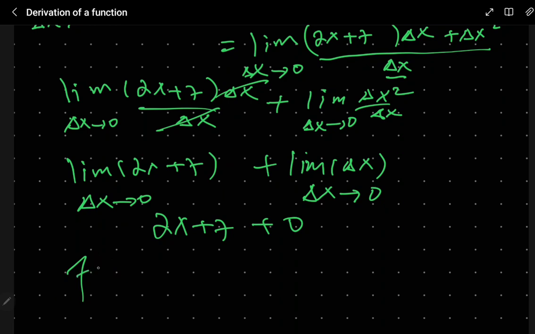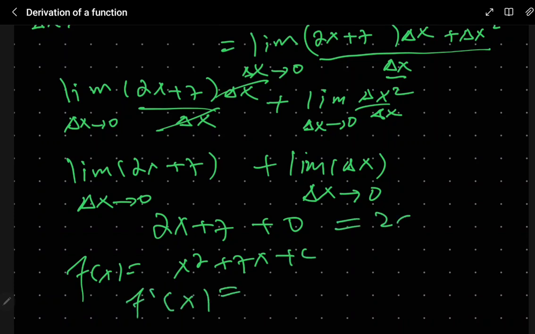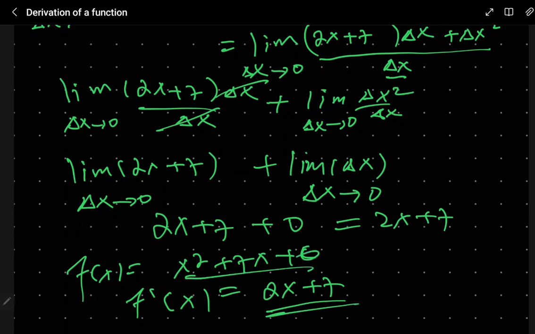If f of x is x squared plus 7x plus c, what is f derivative of x? This is equal to 2x plus 7. That is the derivative of this one.